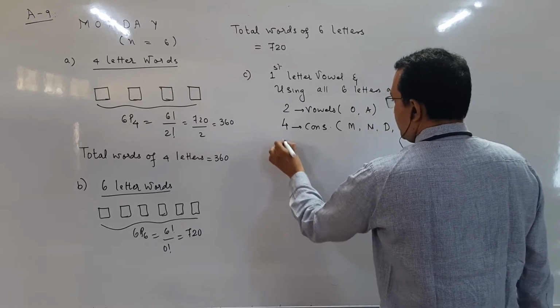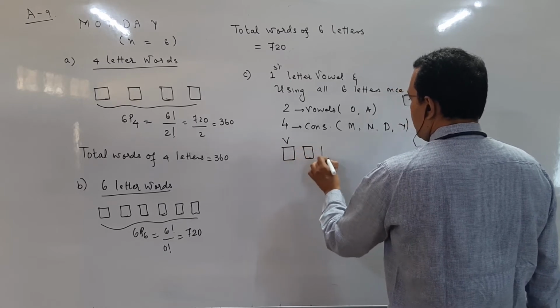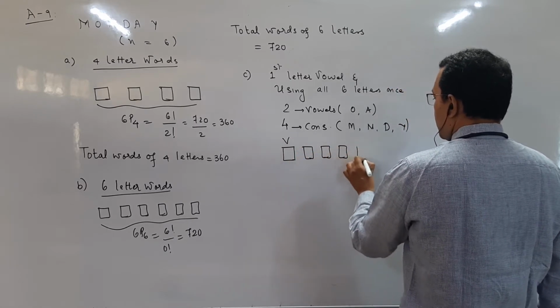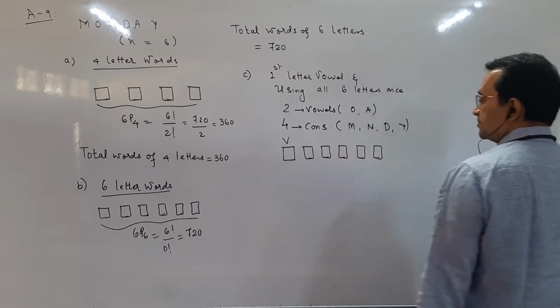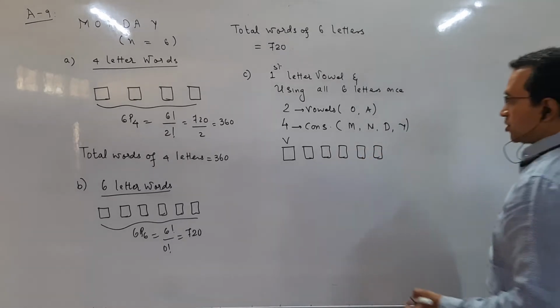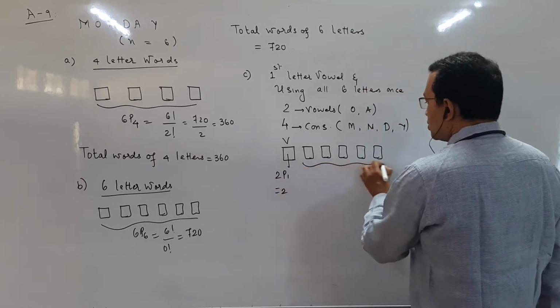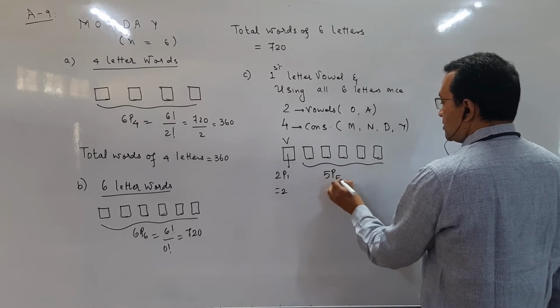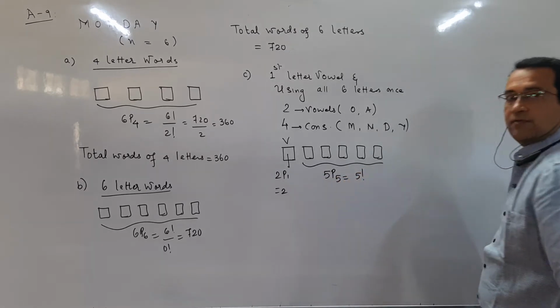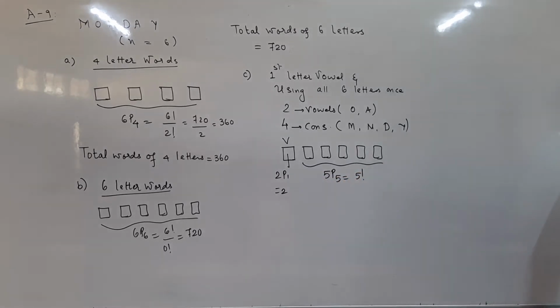So the first letter is a vowel and the remaining 5 can be in any order. So we have 2 vowels. Out of 2 vowels, one can be arranged in 2P1, that is 2 ways. The remaining 5 can be arranged in 5P5, that is 5 factorial ways. If the first was a consonant, then out of 4 consonants, any one can occupy the first place, so the first place can be arranged in 4P1, that is 4 ways, and of course the remaining are 5P5.